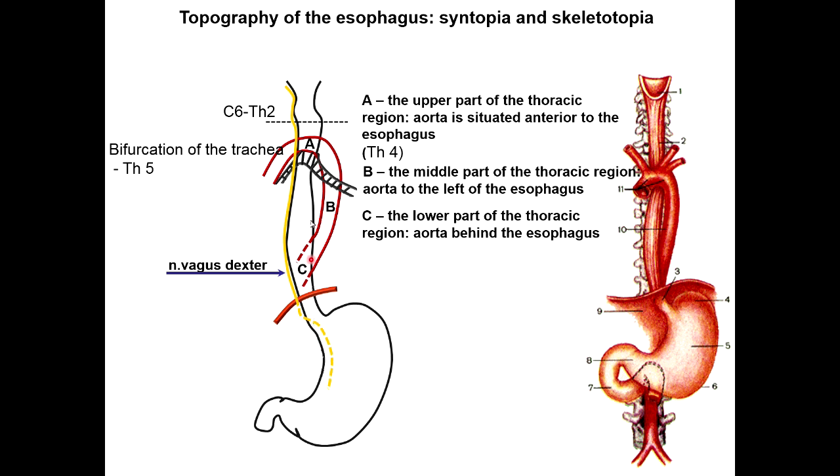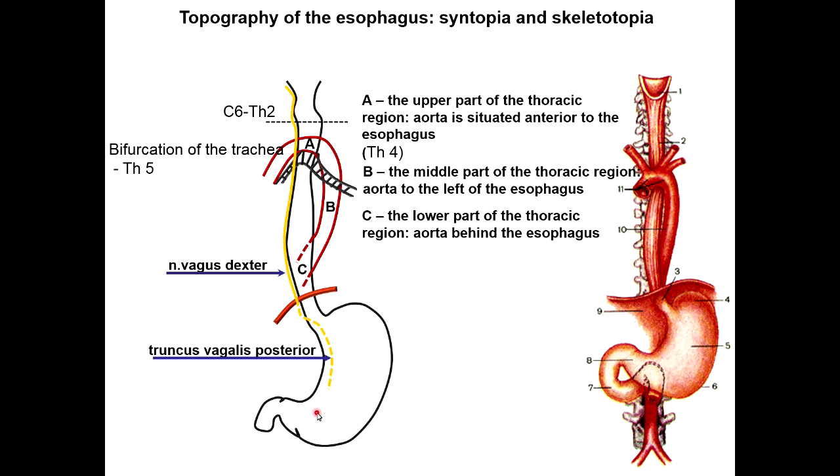That's why in the abdominal cavity, the nervus vagus becomes not nervus vagus dexter, but truncus vagalis posterior. Why posterior? Because it is behind the ventriculus.